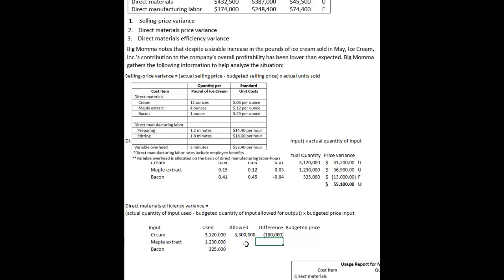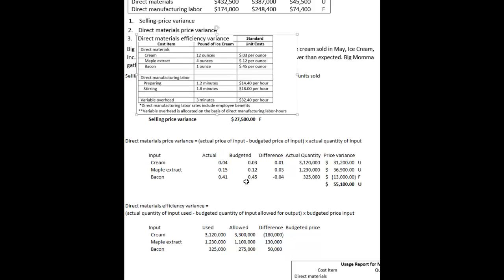And we do the same thing for the remaining quantity allowed. You would take the 4 ounces of maple allowed, and we made 275,000 pounds of ice cream. You're allowed 1 ounce of bacon for every pound of ice cream, and so the difference is the difference between the two. And the budgeted price, we figured that out in the prior example, so I'm not going to go through that calculation again. I'm going to simply cut and paste.